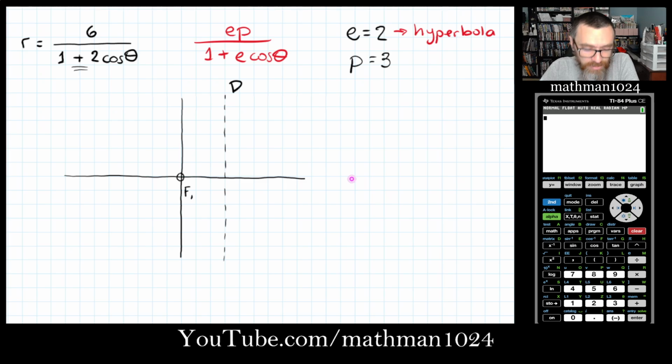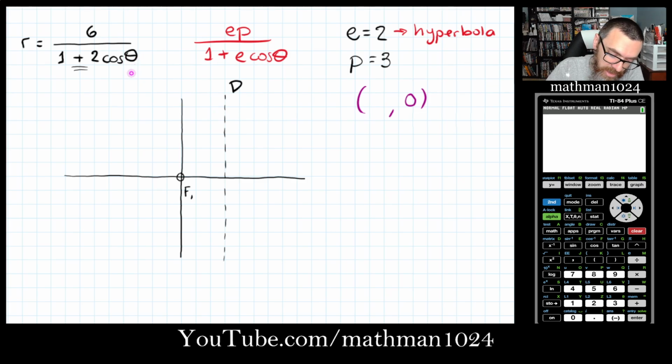So let's see if we can get some points and start doing some mirroring exercises here and see what we can come up with. All right, so first of all, I would say start plotting some points here. So I want to find the r when theta is, let's say, 0.